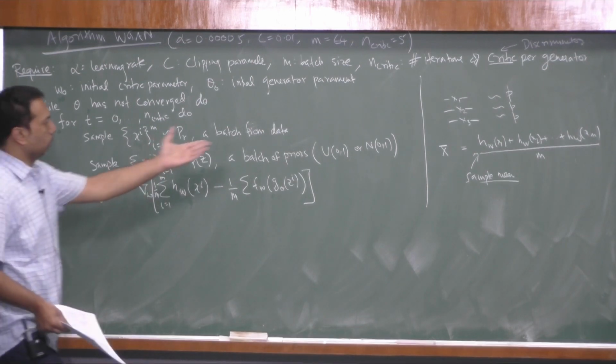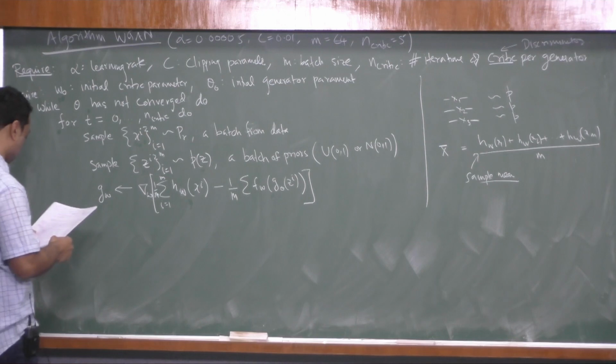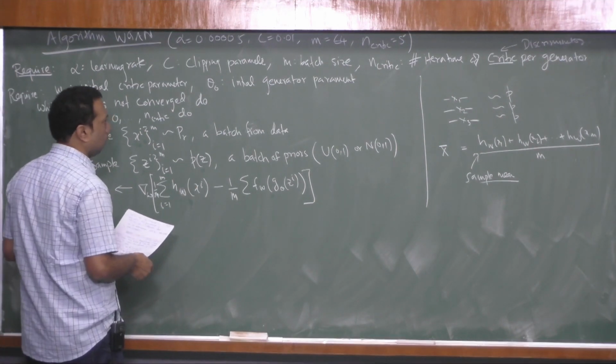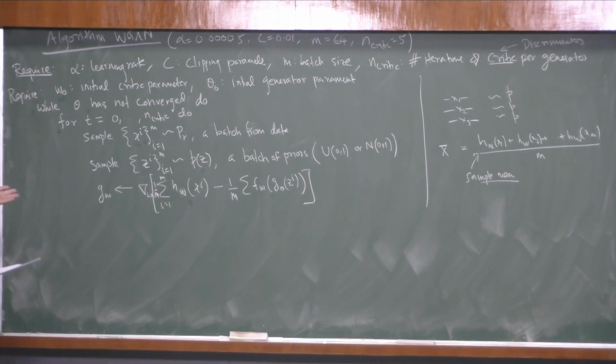Then we took the statistical way of estimating that. You can say this is an approximation of the actual expectation that you had, but that's how we build algorithms. We have to do some approximations.